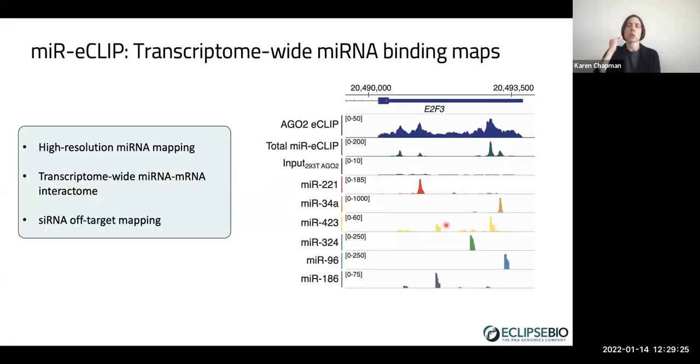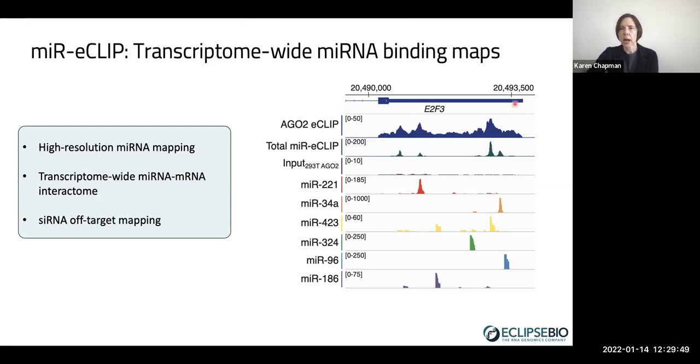So, one of the really enticing aspects of this methodology and the data, I actually find this data really pretty to look at, is that it's very high resolution. So what I'm showing here is the 3' end of the E2F3 gene and a classic AGO2 eCLIP.